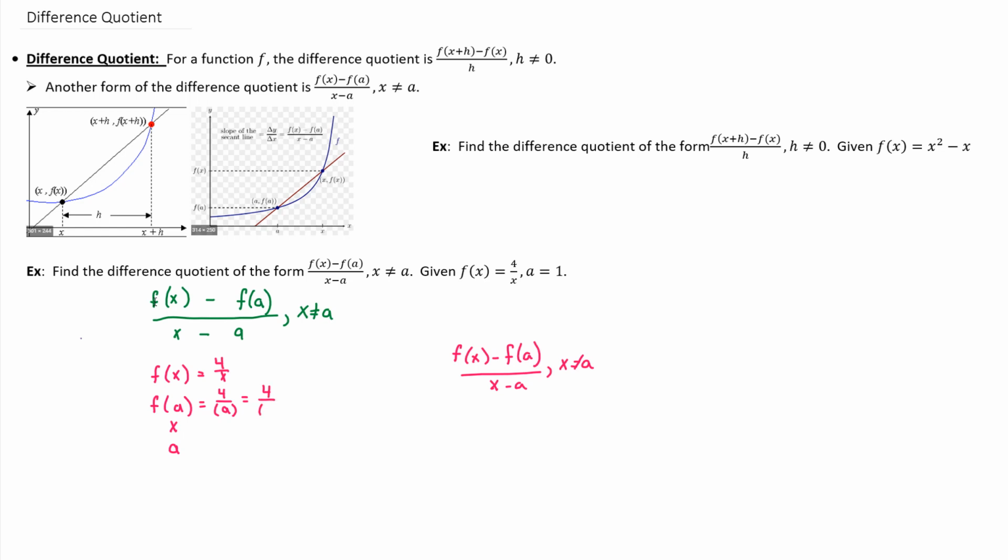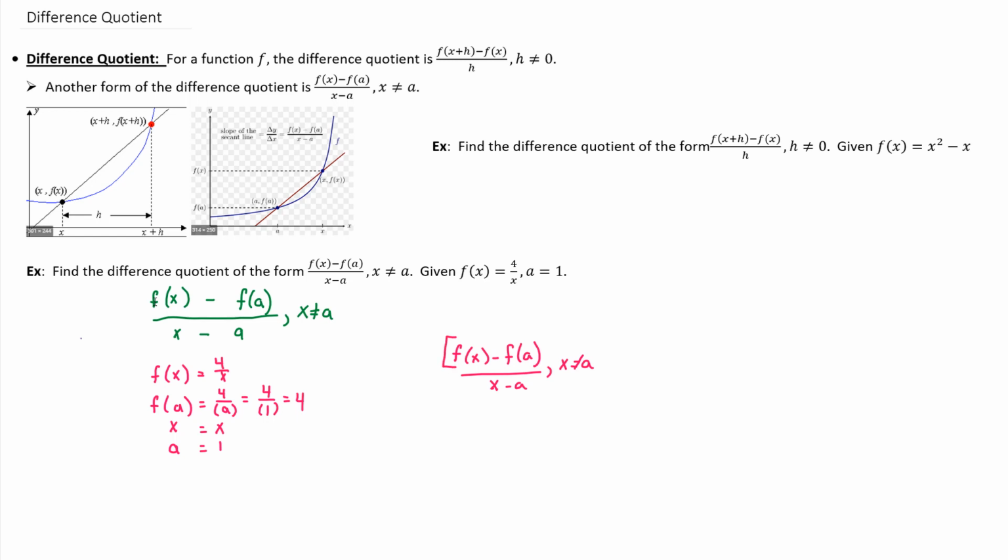A is 1. So replace a with 1. So 4 divided by 1 is just 4. So f of a is 4. X is just that. Nothing was given for x, so x is x. It's a general x. And then a is specifically 1.